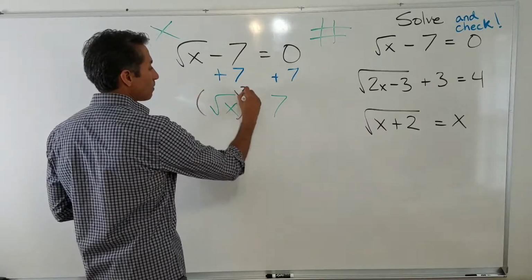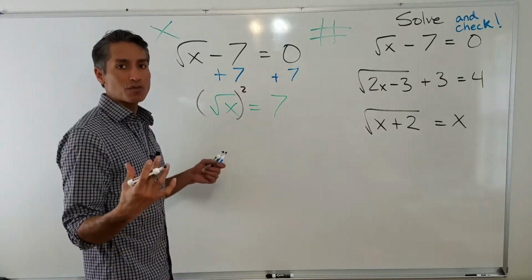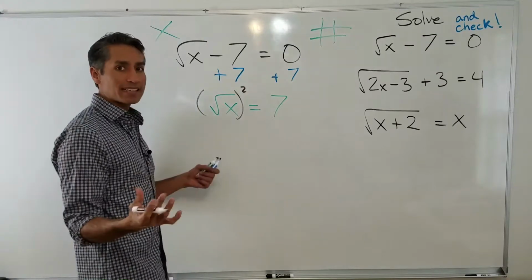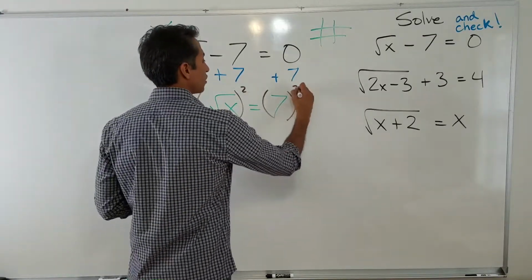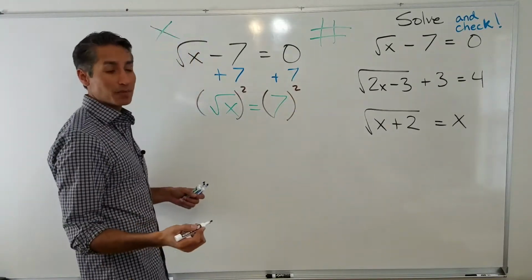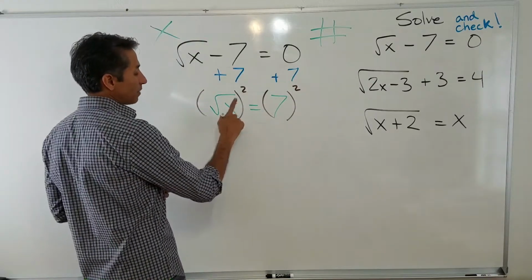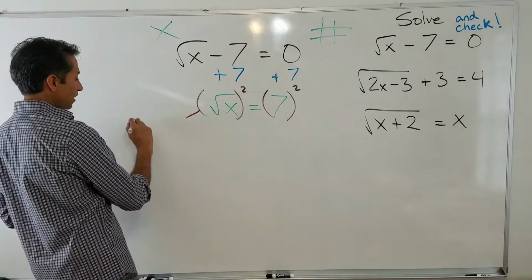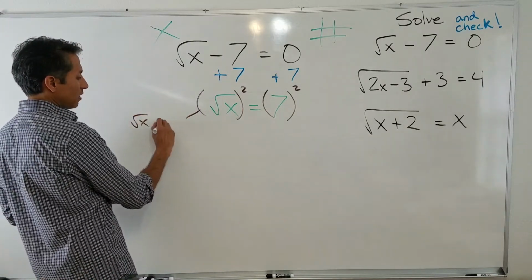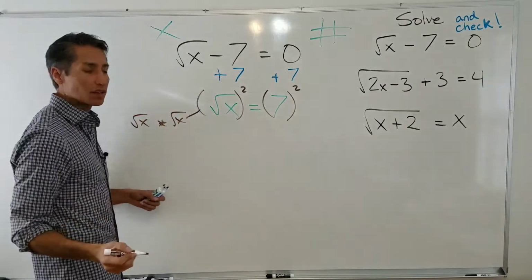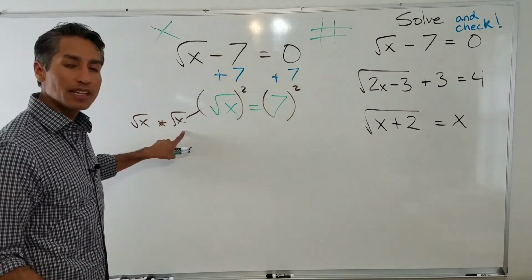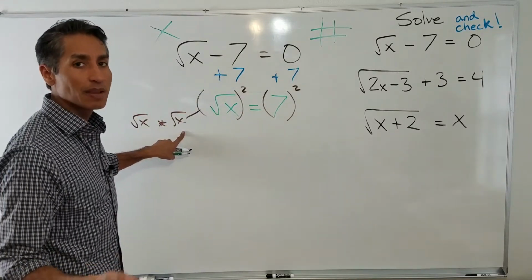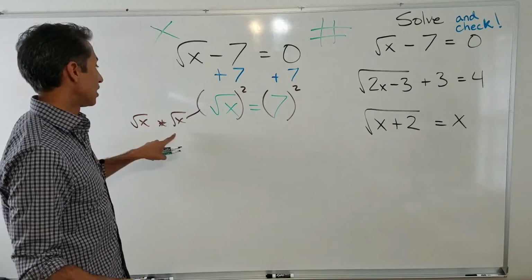So I usually put the parentheses there just because it reminds me. Some students like to skip that and just kind of put the 2 up there and remind them what needs to be done. Square root of x times the square root of x, right? Because that's what this is. This is technically square root of x times square root of x, right? And when you multiply these two together, the square root sign disappears. And so we end up with just x.